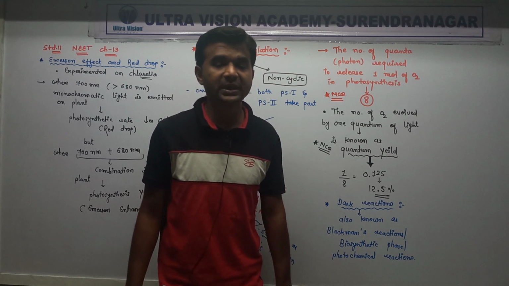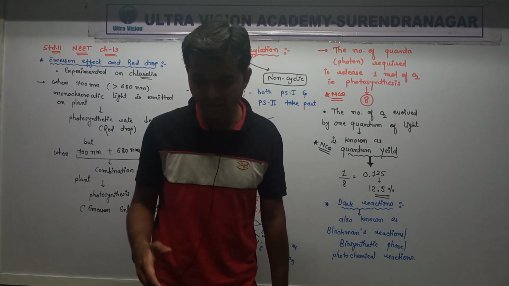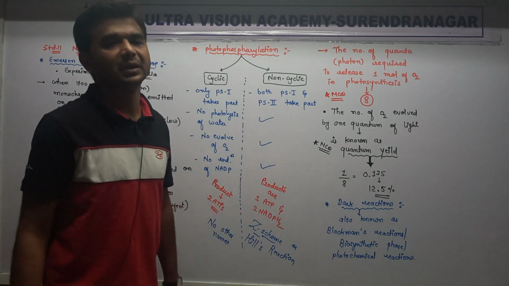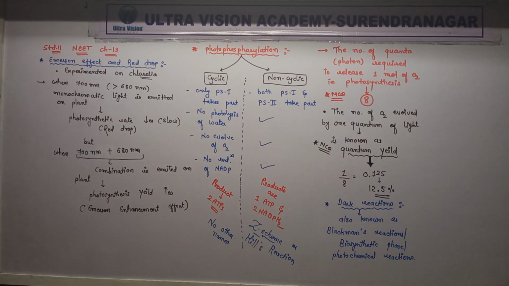That's why the C4 cycle was discovered. So in dark reactions, there is the C3 cycle, the C4 cycle, fine, and the wasteful process, photorespiration, which we have to understand properly.